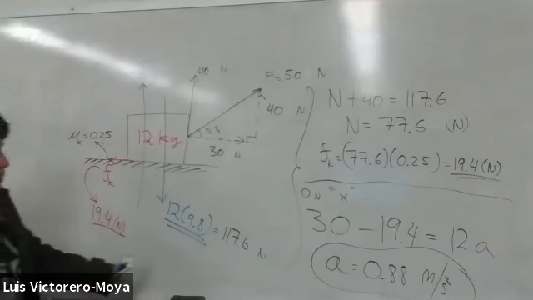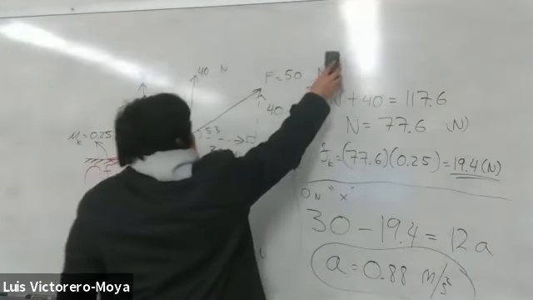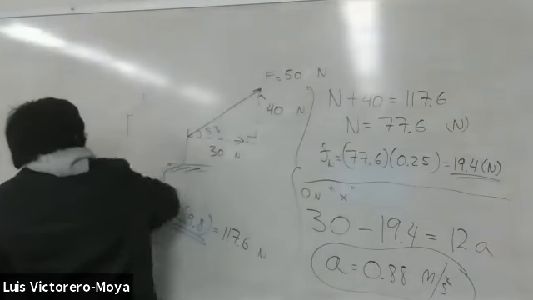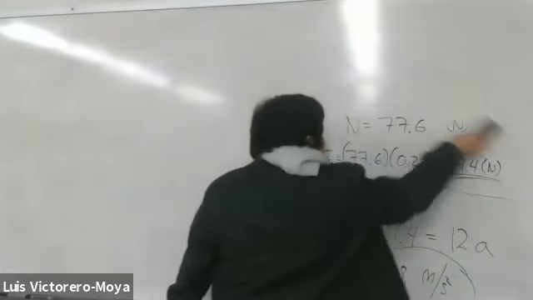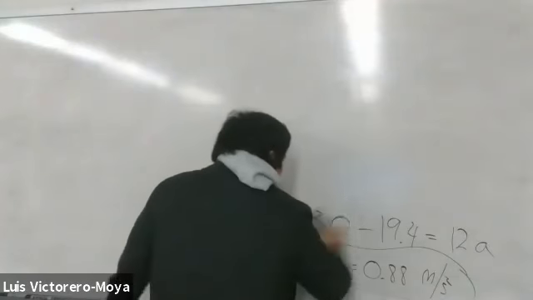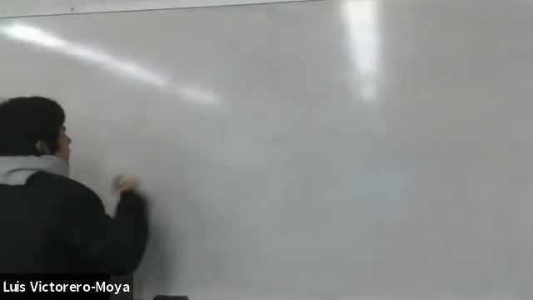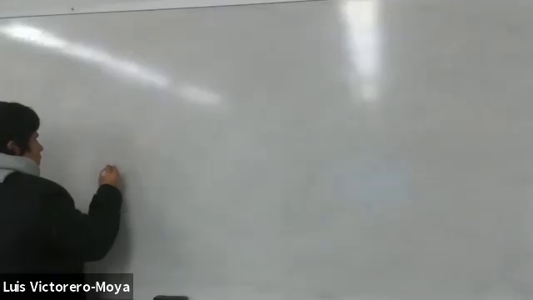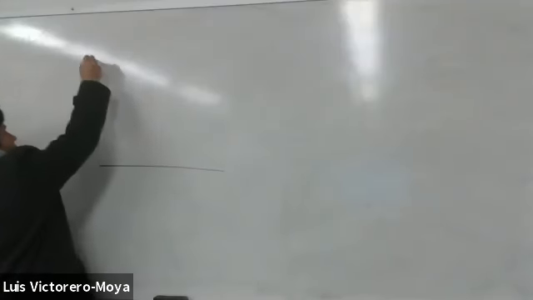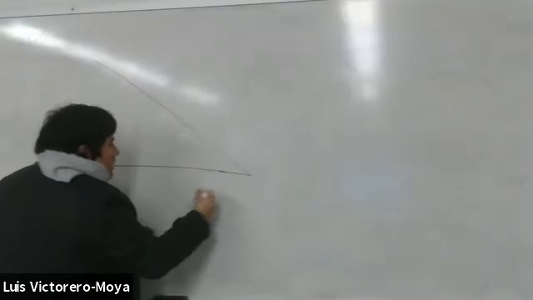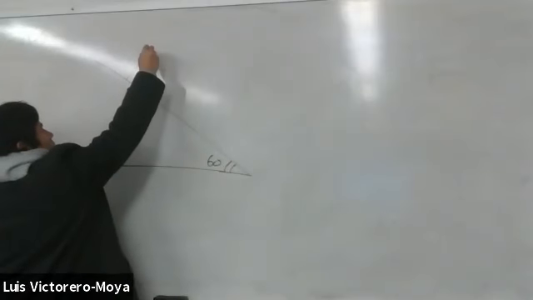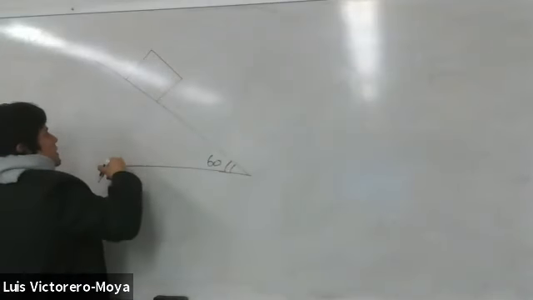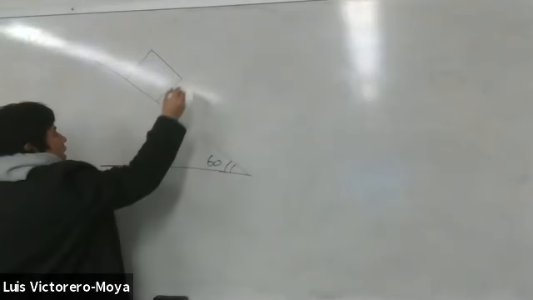Okay. Let's do an inclined plane now. For the inclined plane, I want to do this example because the normal on the inclined plane can be confusing sometimes. With 60 degrees, let's give you a mass.